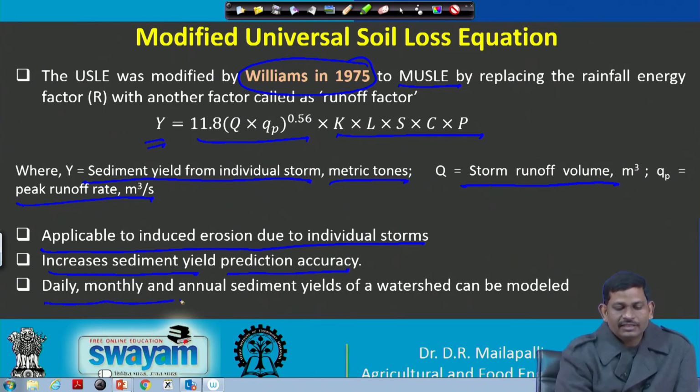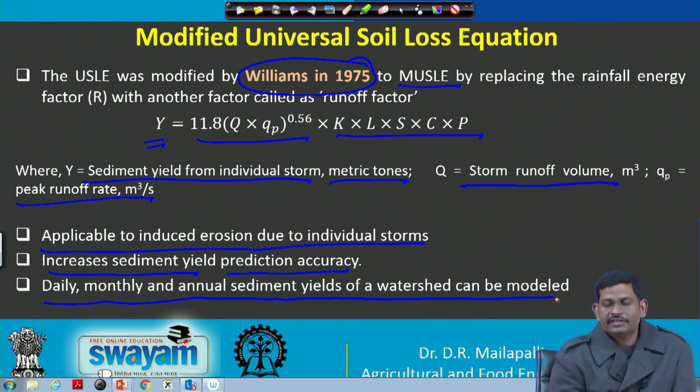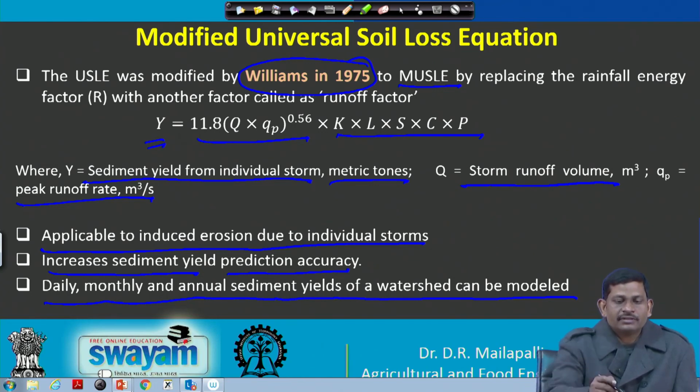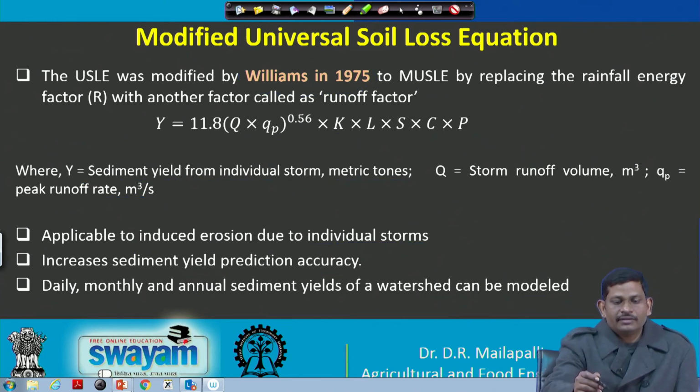Because this is a storm based sediment yield, it can be used to estimate sediment yield from a watershed on a daily, monthly or annual basis. So, this is the modified universal soil loss equation.